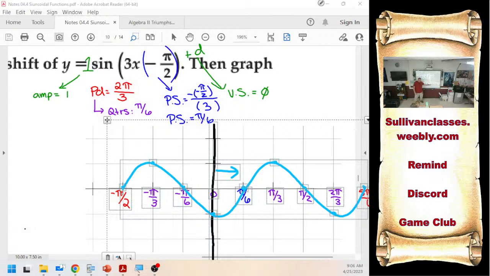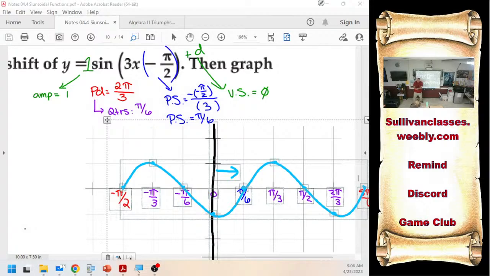Because from there I go down. I would just start the dance at pi over 6 instead of at 0. You can only do that when the quarter marks and the phase shift line up. Okay?